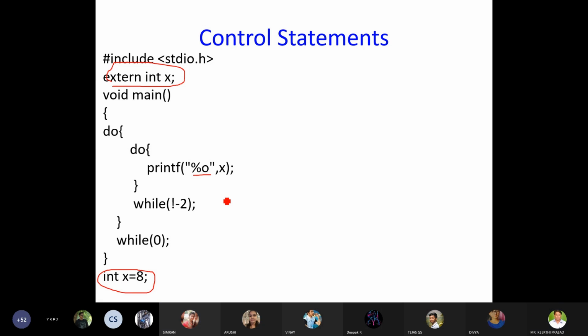Object? Not object. O stands for octal. Display the value of x in octal format. Whatever is in x, display it in octal form. So what is there in x? 8. 8 should be displayed in octal form.